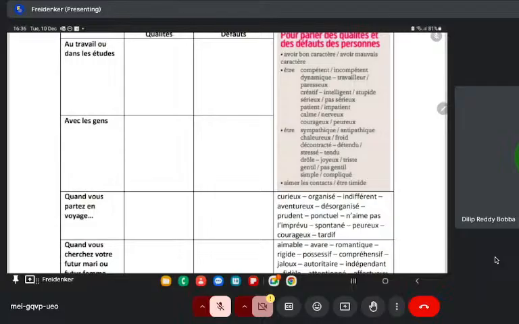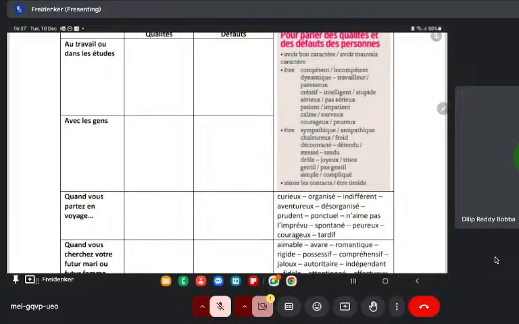Passionné, you get it. Impatient. Calme is to be calm. Être, see, there is être here. So you have to add être to everything. So être calme means to be calm. So you have to conjugate être. If I say I am calm, I should say je suis calme. I conjugated être there. Nerveux is nervous.